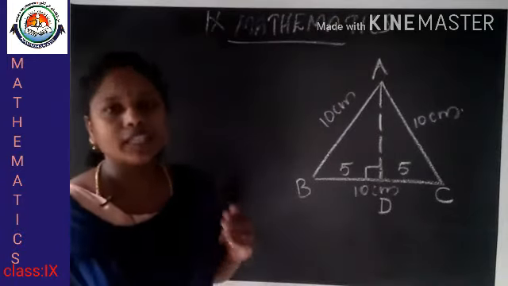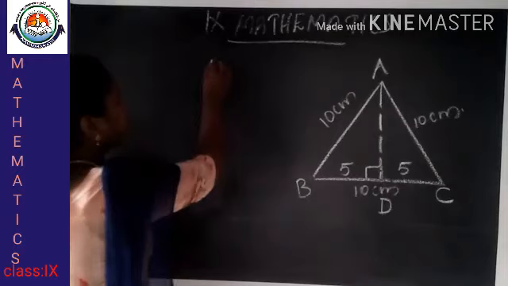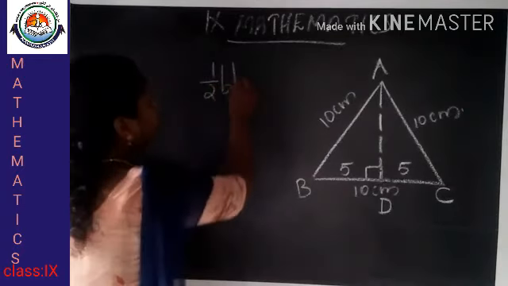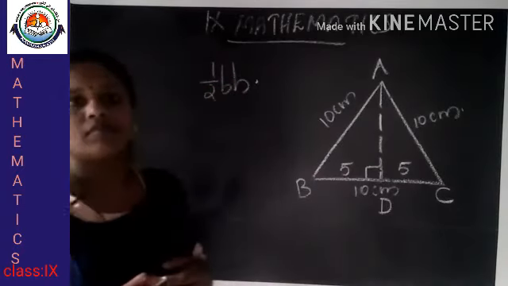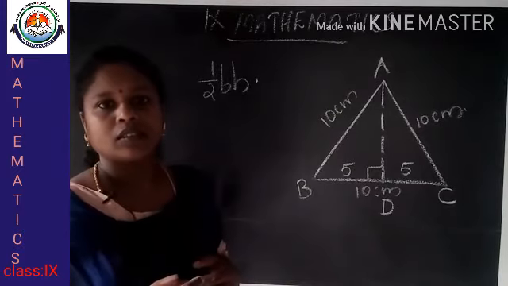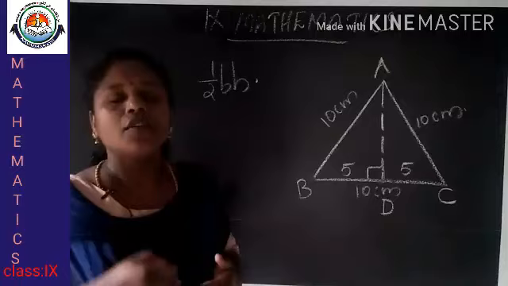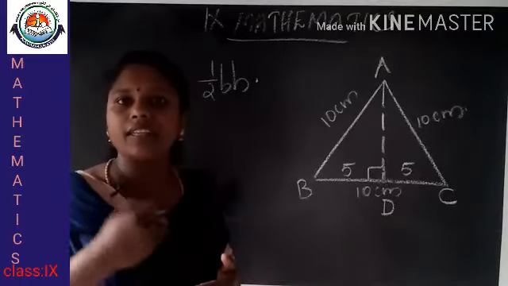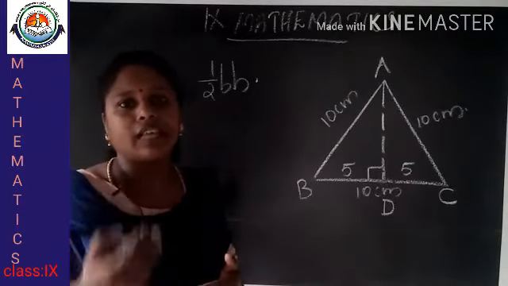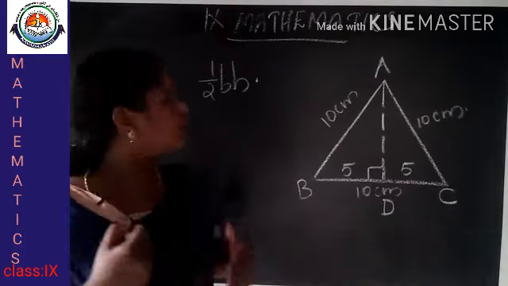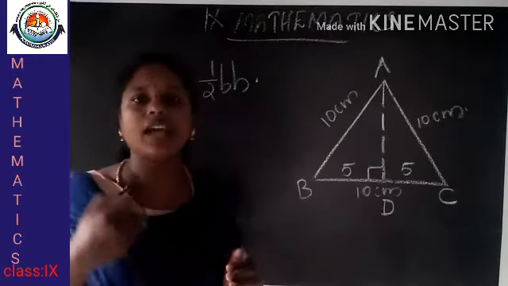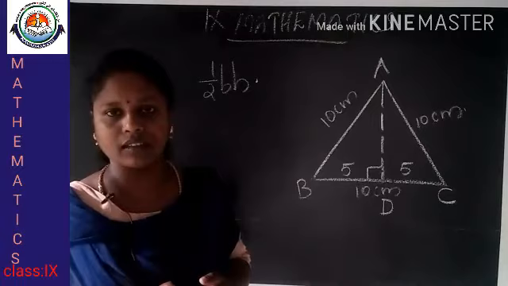Using that we can find, here also we can use half BH. So if the height of a triangle and the corresponding base length are given, using this half BH we can calculate the area of the triangle.